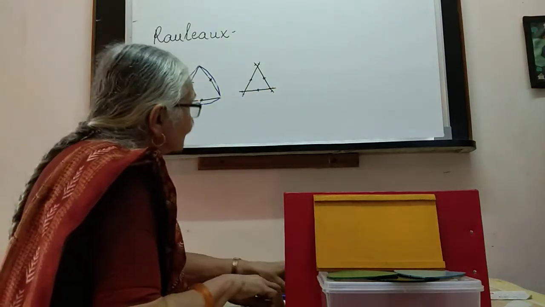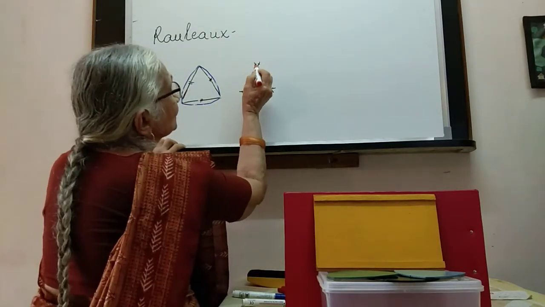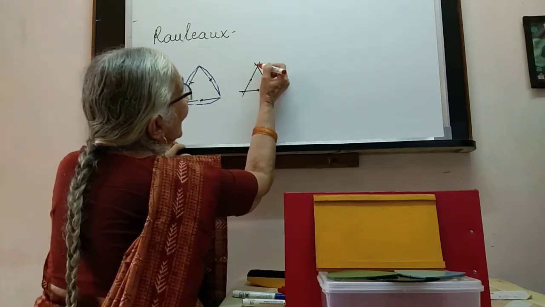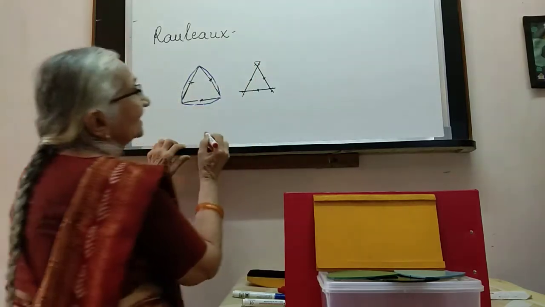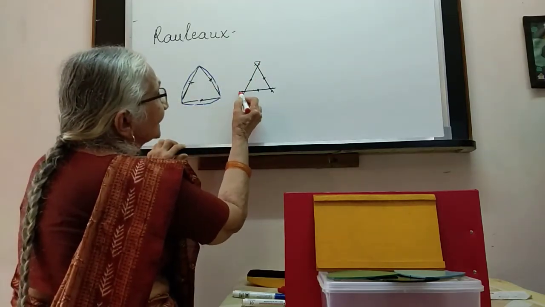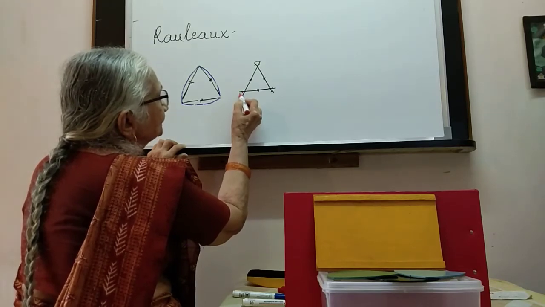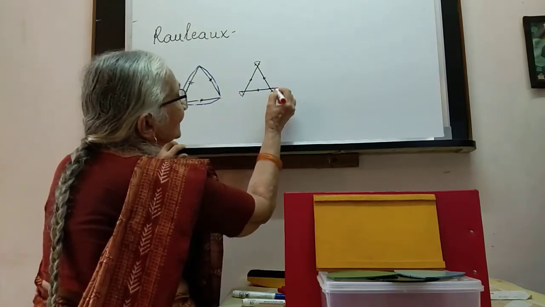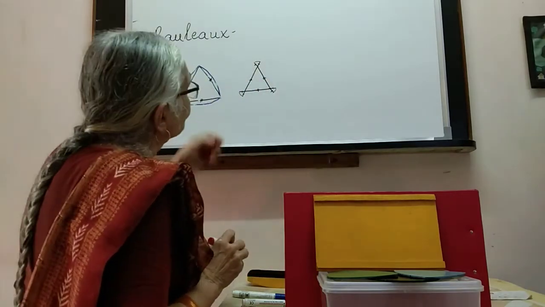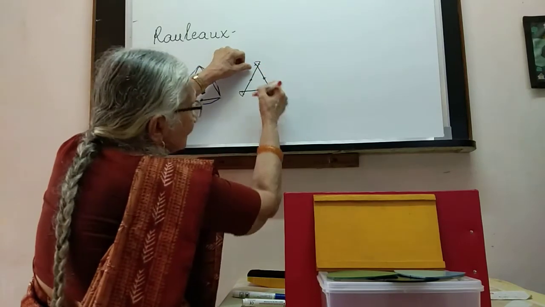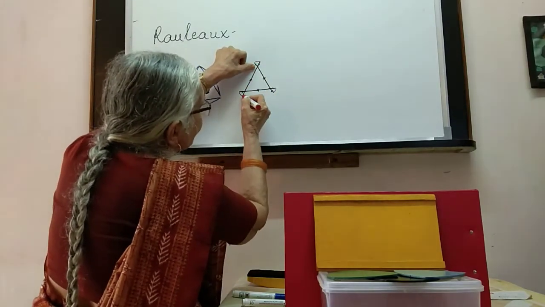And now, as before, as we did here, we take this vertex, first vertex, and this small extended radius, and draw an arc. Same thing with this vertex and extended radius, extended side. And third one also. And now, again, second round with the same vertex and this length, whole length.